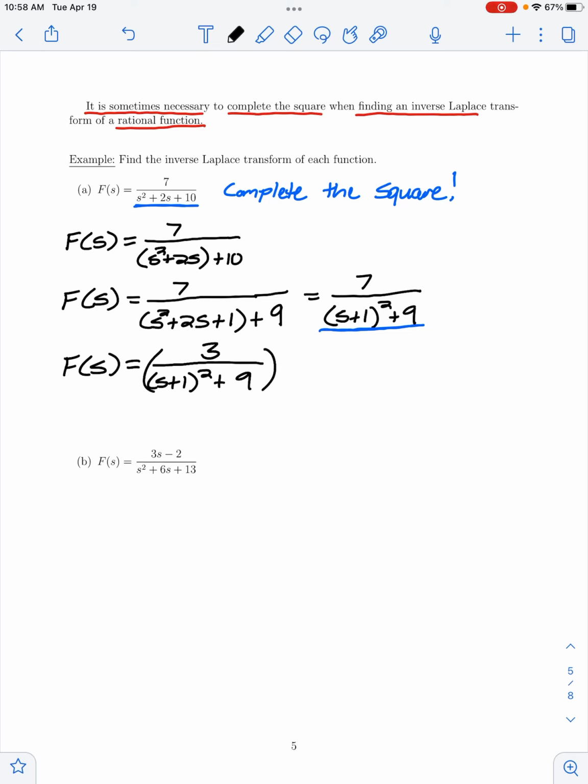And so to get that number as my numerator, I would take the numerator that I had and multiply and divide by 3. So we arrive at the inverse Laplace transform. F of t is our constant 7/3 times the inverse transform of this expression, which would be e to the negative t times sine of 3t.